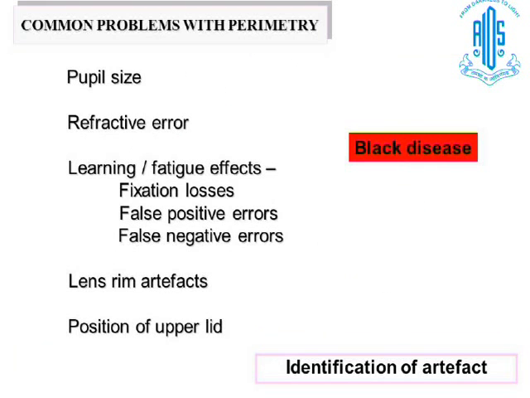It is an art, because a black square in the probability plot can be produced by a small pupil size, improper refractive error correction, fixation losses, false negatives, rim artifacts, and the position of the lid. So you should develop the art to pick up and identify the artifact.